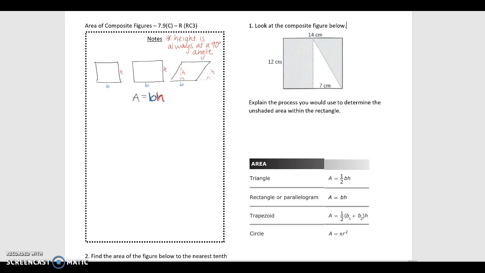Next shape we're going to look at is a triangle. So we either have a triangle like this, a right triangle, or we can have an equilateral triangle. But either way, our formula is going to be area equals 1/2 base times height.